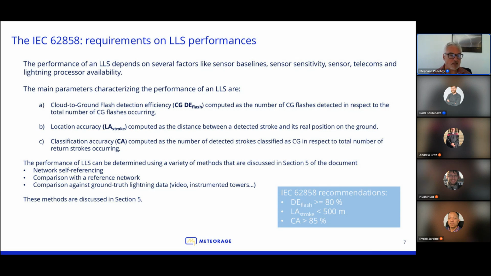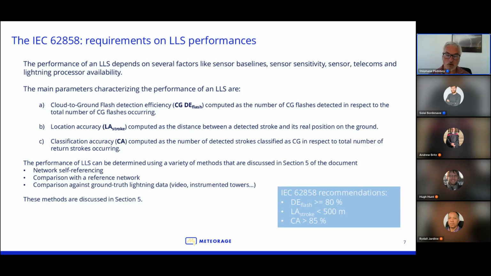And of course, the best would be to compare against what we call ground truth data, based on video records, instrumented towers recording the current waveforms, etc. But finally, the IEC recommendations are, in order to deliver usable lightning data, flash detection efficiency, cloud-to-ground flash detection efficiency, must be higher than 80%.